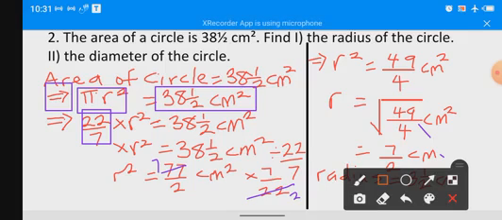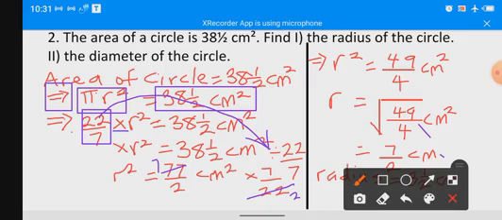So we write 38.5 here. Now the next thing we do is make our r squared stand alone. How do we do that? We bring this 22/7 from r squared to the right hand side. I told you that this is multiplication.